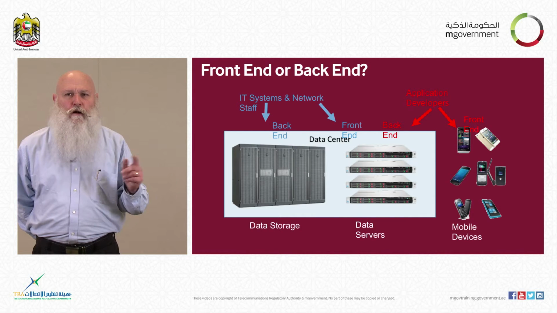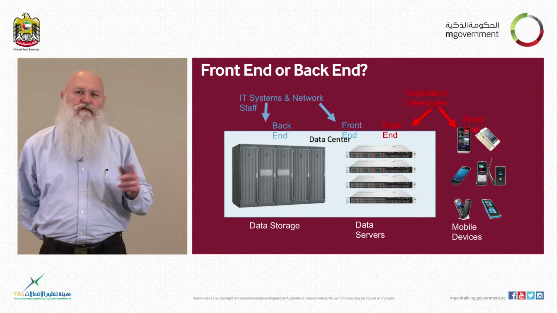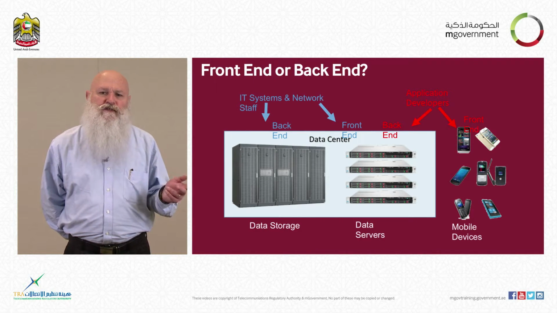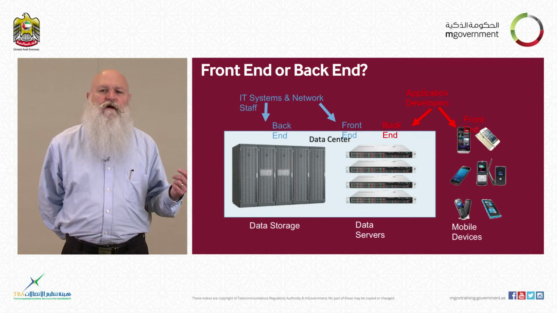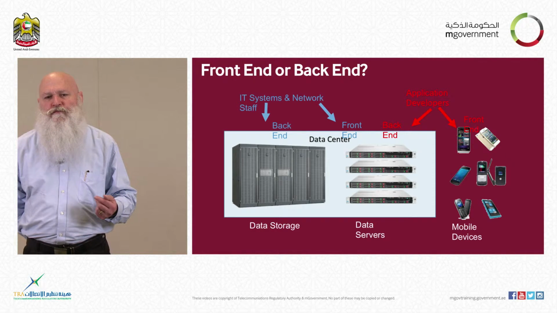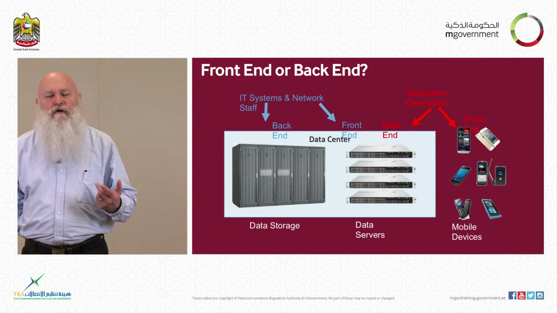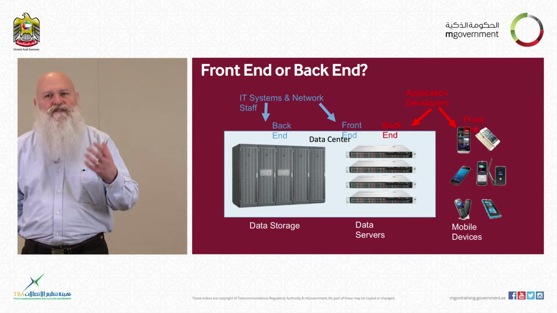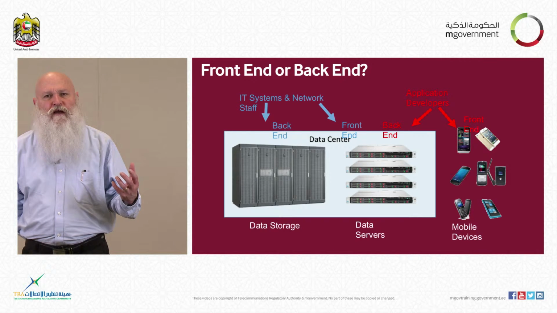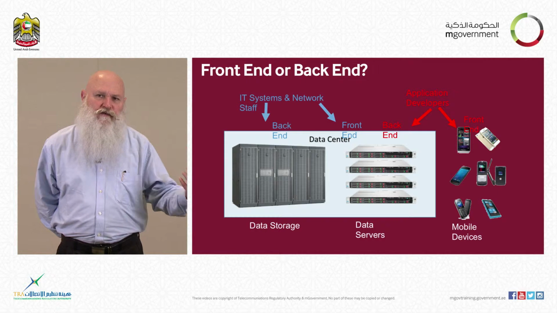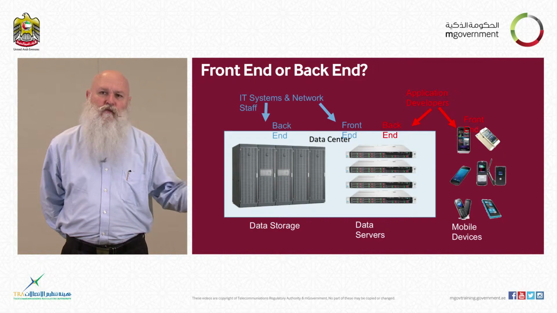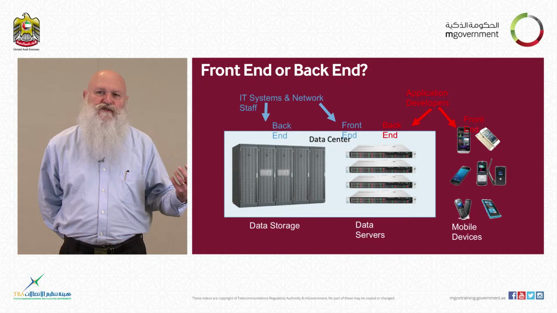So we use the terms front end and back end throughout this course, but let's examine what we really think about and what we're talking about here. From an application developer's point of view, the front end with mobile computing represents the application running on the handheld, and the back end is the data center, that which the mobile application communicates with.